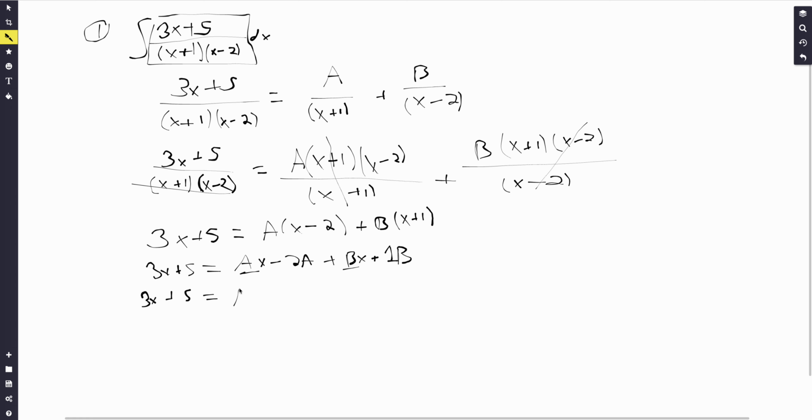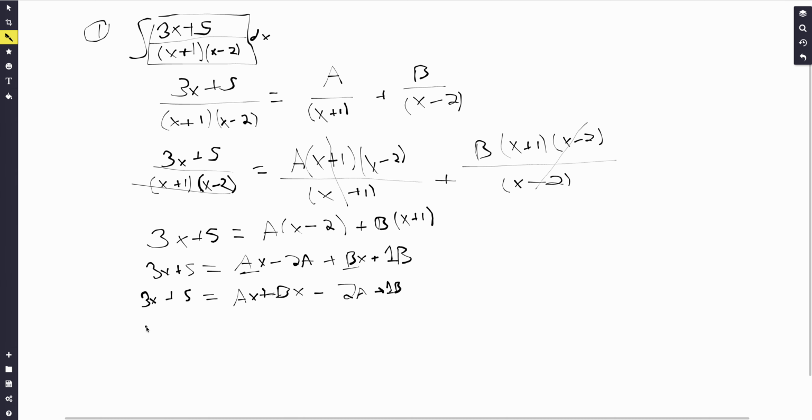So you would group them as ax plus bx, and then you group the constants. So that'd be minus 2a plus 1b. This is important, you guys remember: you don't group if it has a and a, no. You have to group if it has x and x. If it's a constant and a constant, if it's x squared, you group those together.